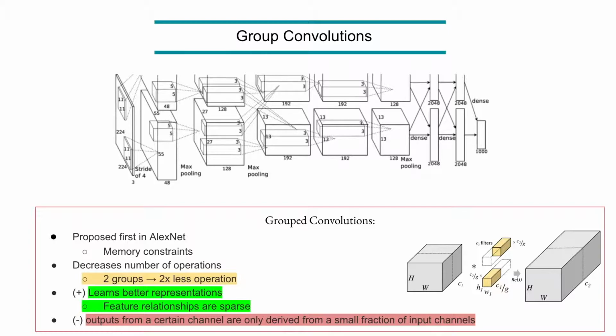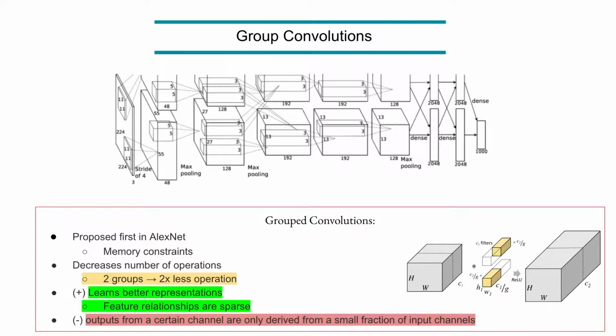Other than that, there's another advantage: it learns better representations. For example, this convolution layer would learn something related to this one, not to this one. And this also means the feature relations are sparse, not so dense.